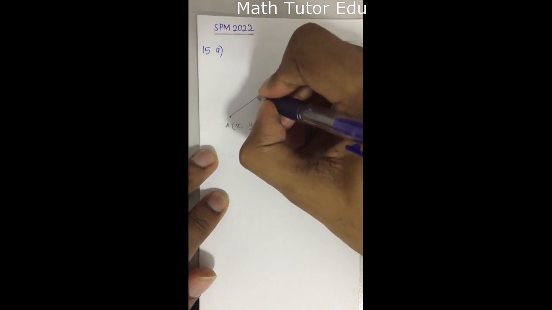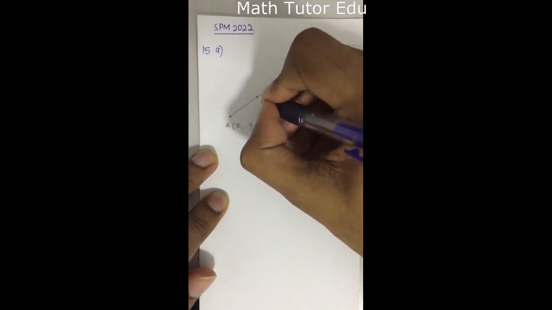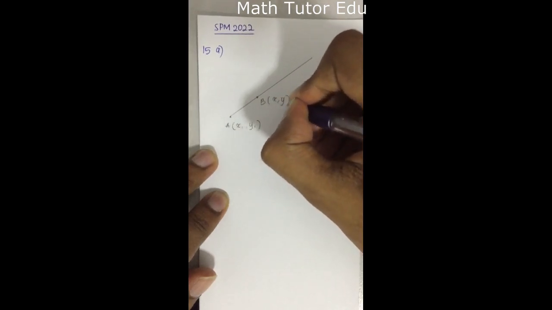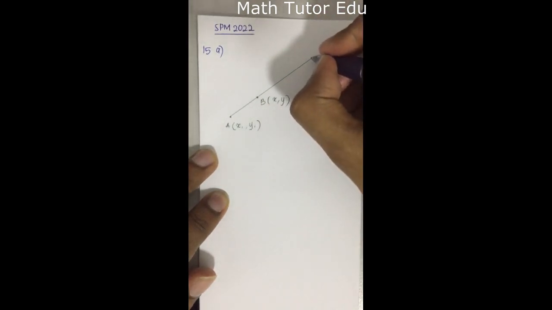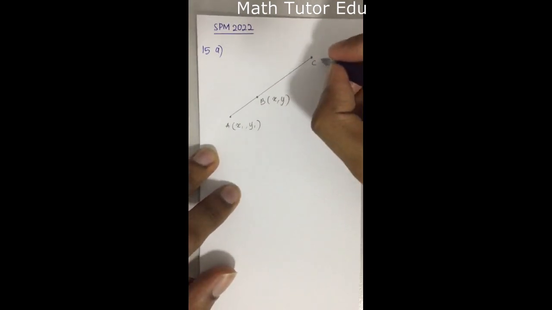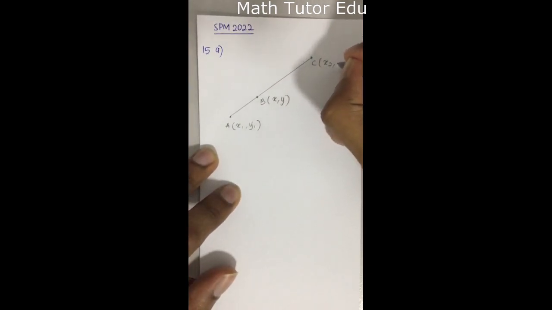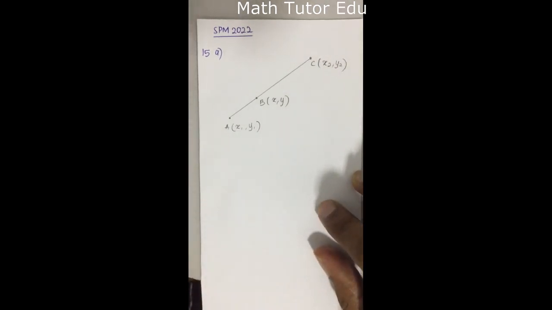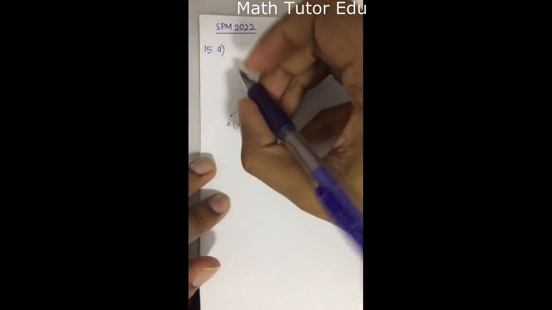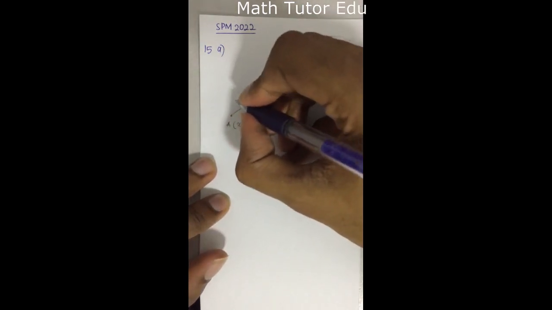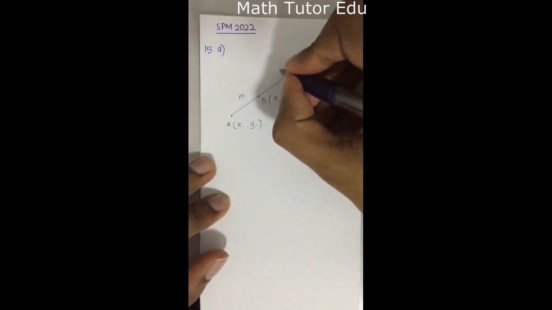This is your coordinate B, which is x, y. And this is your coordinate C, which is x2, y2. So far so good. From here we divide these two portions into the ratio of m:n respectively.